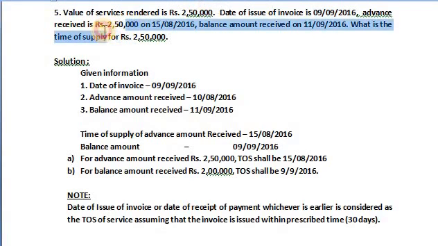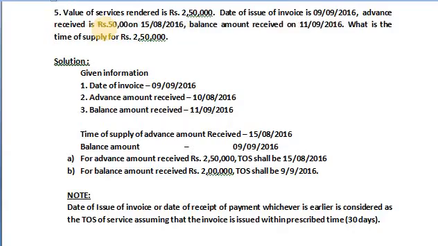Advance received is 50,000 on 15/8. Balance amount received is 11/9, the next month. What is the time of supply for rupees 2,50,000?